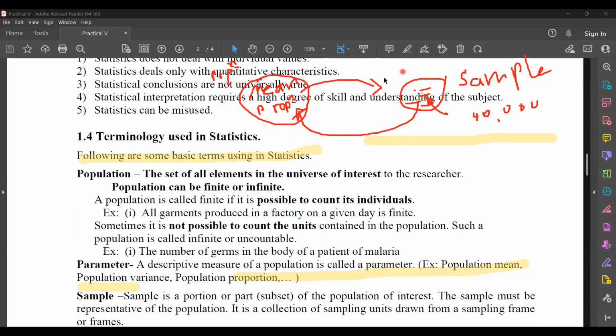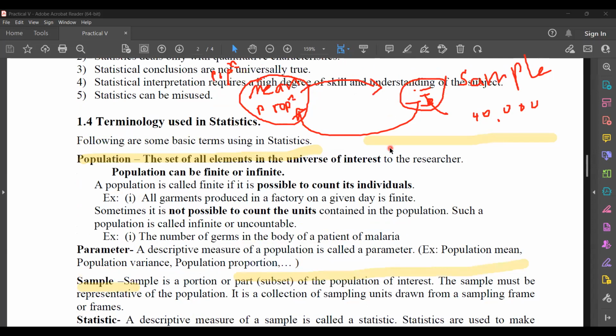Okay, now let's discuss what the population is and the other things. Population is, as I mentioned earlier, the set of all elements in the universe of interest to the researcher. The researcher has to define the population, because that depends on his or her study, his or her scope of the study, right?